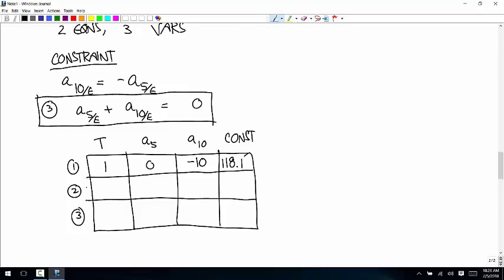The second one, we have 1 times t minus 5 times a5 is equal to 59.05. And then the constraint says these are relative to the elevator: 1 times a5 plus 1 times a10 is equal to 0.